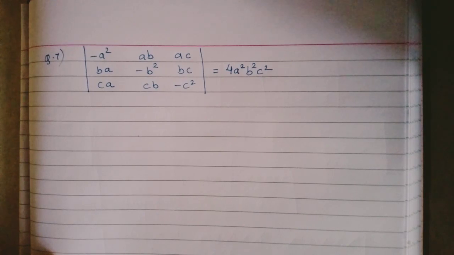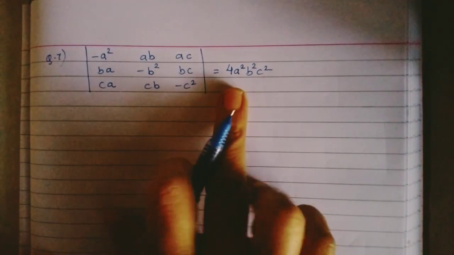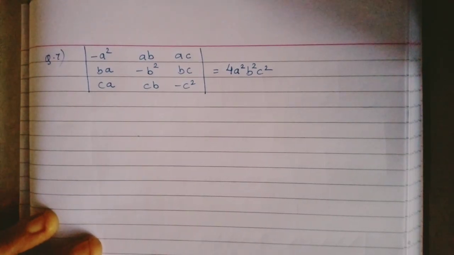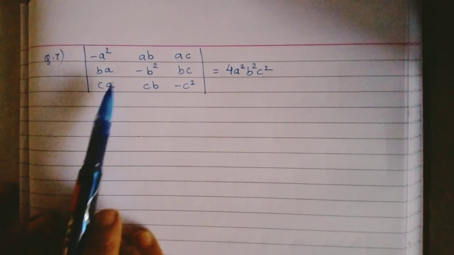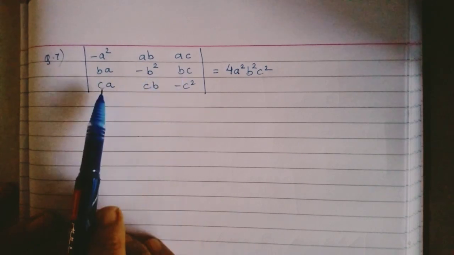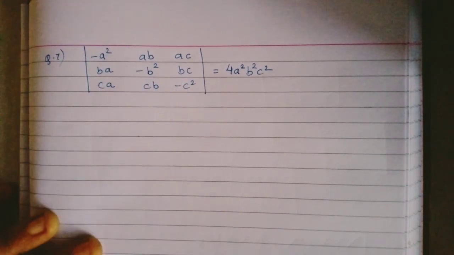Okay, next question is question number 7. Your left hand side is given and you have to prove it to be 4A squared B squared C squared. Now here if you look at the elements, you will see that here A is common, here B is common and here C is common. So can we take out A B C, right?